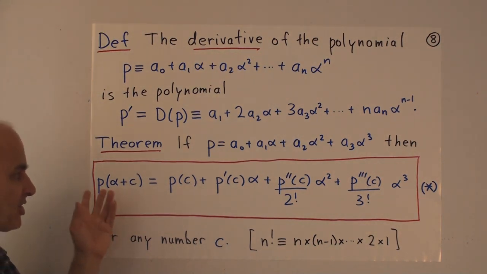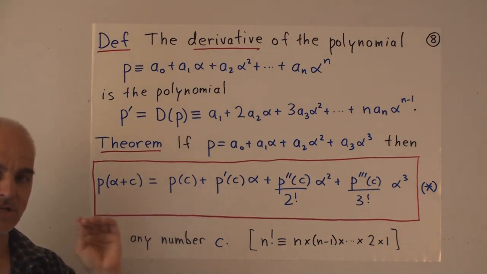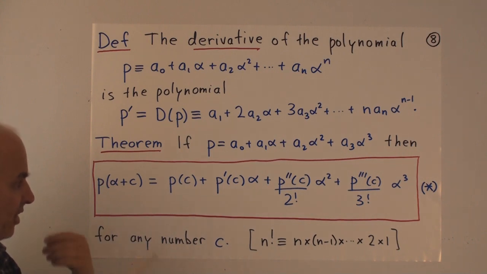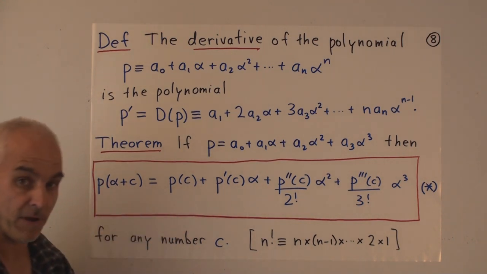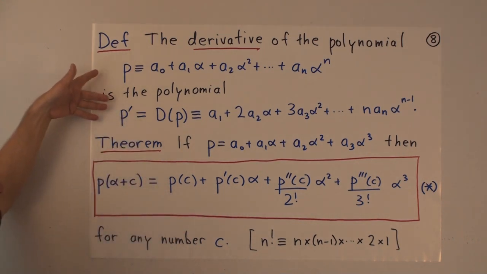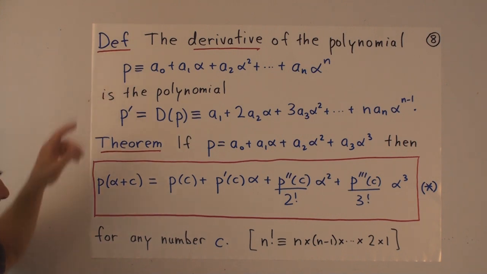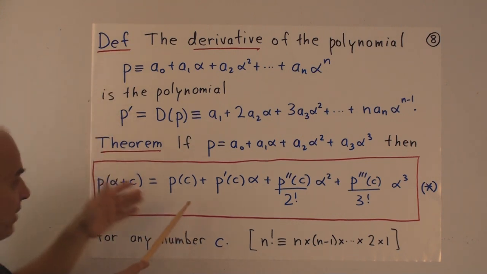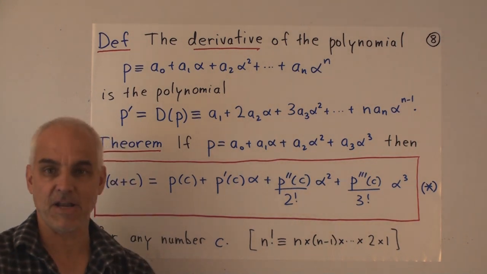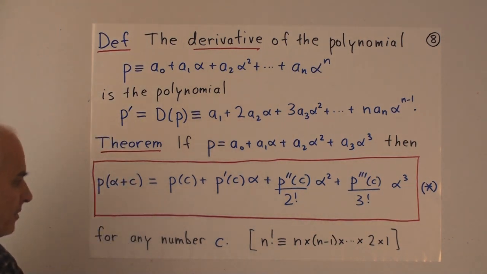So this is just a restatement of the computation that we made, and it's because of this formula that we are justified in defining the derivative this way. The derivative is defined this way, and then we can write our formula in a very nice, efficient way.